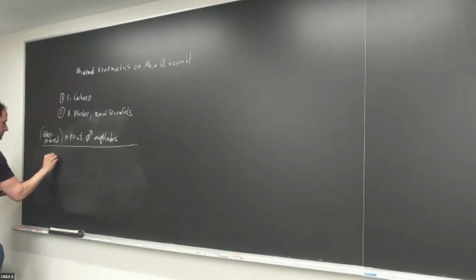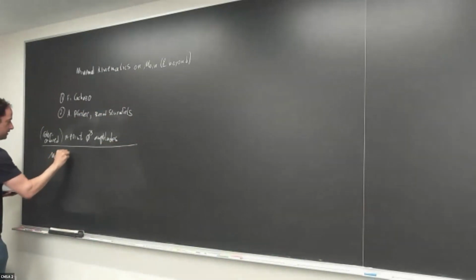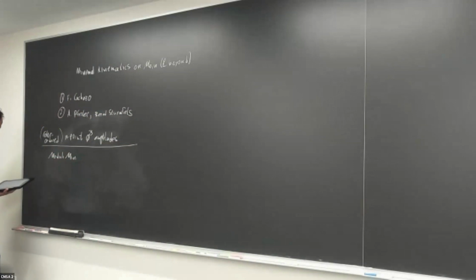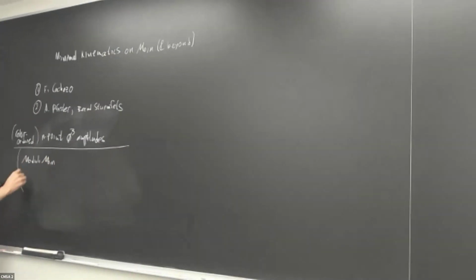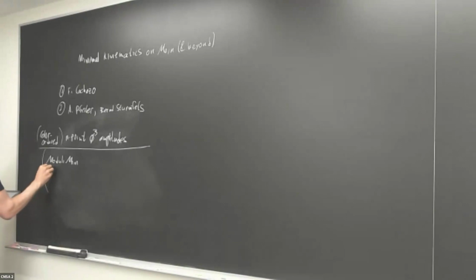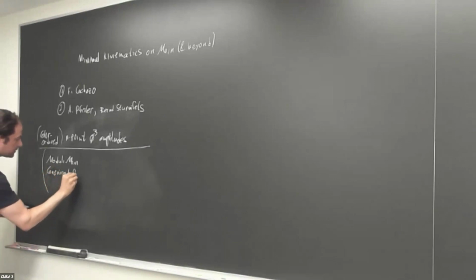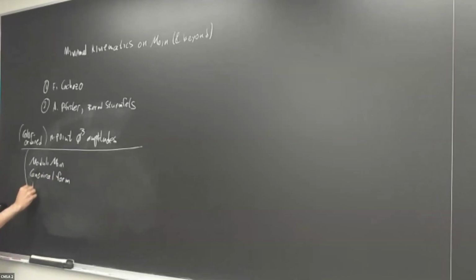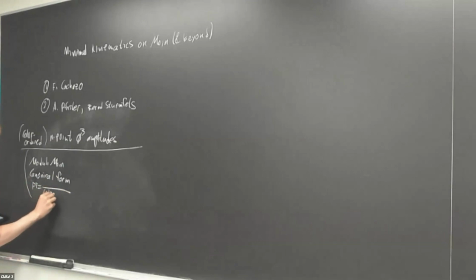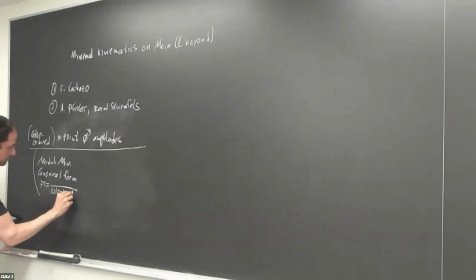We have the moduli space M0n, and on this moduli space we have a canonical form, T equals the product of the consecutive minors.